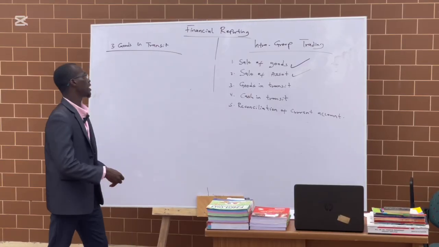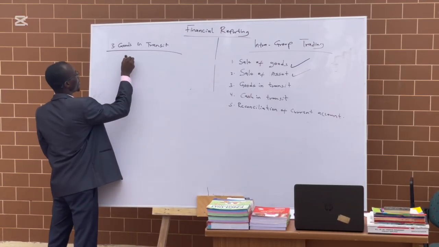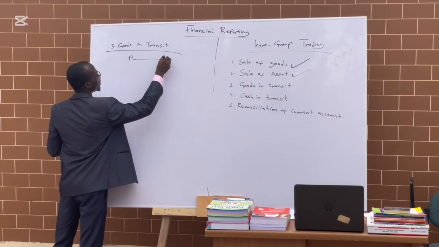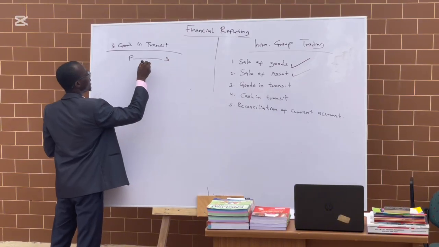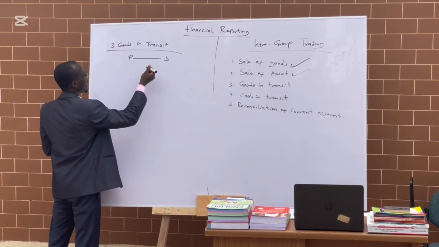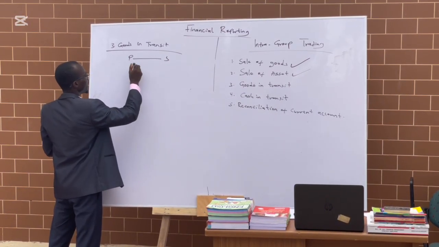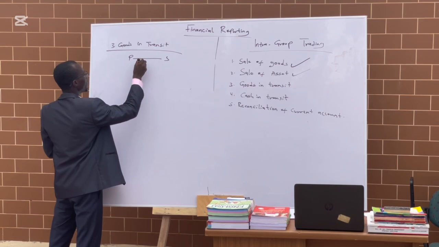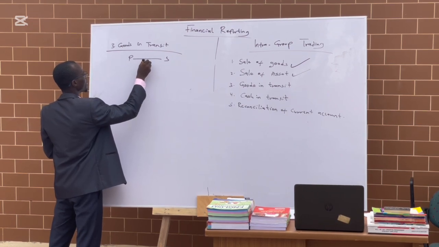So let's say the parent has sold some goods to the subsidiary. The parent has made some sales to the subsidiary, and let's say in this case the goods are 20,000.